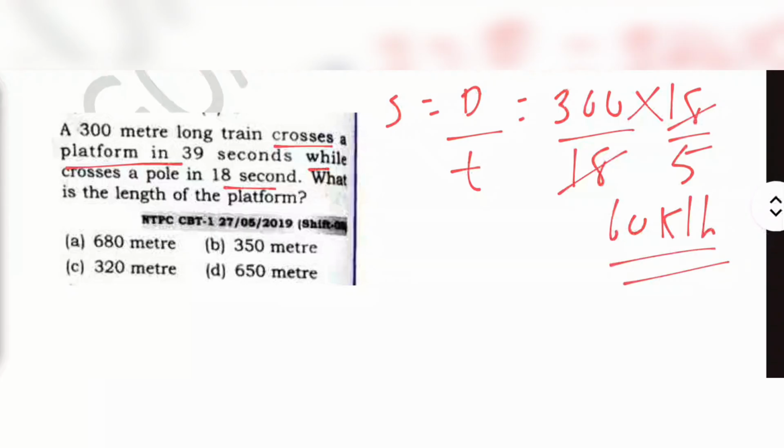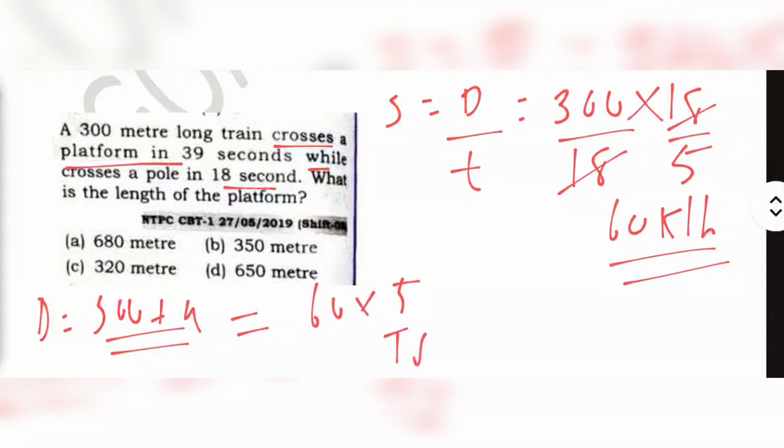And we know that this 300-meter long train crosses a platform in 39 seconds. So your distance will be how much? 300 plus x when it crosses a platform, and x is the length of the platform. You are told to find the length of the platform, so this distance is nothing but this speed into this time.